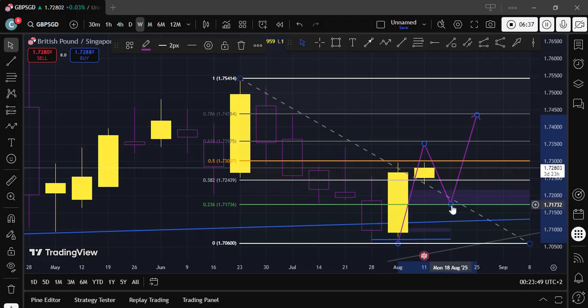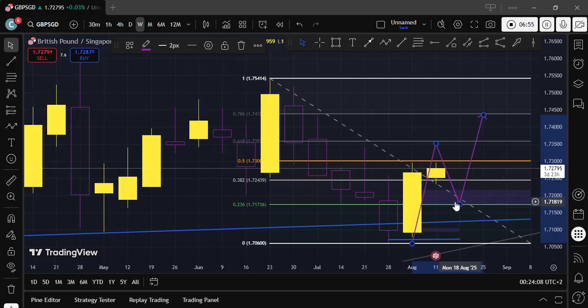There's a high possibility that we might fill this market gap. We call it an FVG, a fair value gap. We might fill this and the market might fly out of the zone.